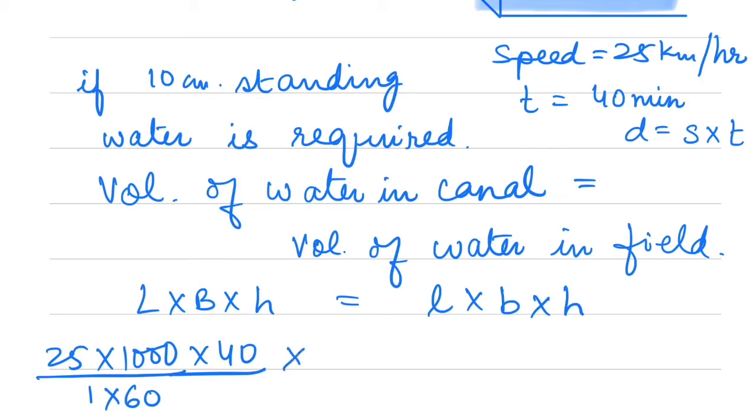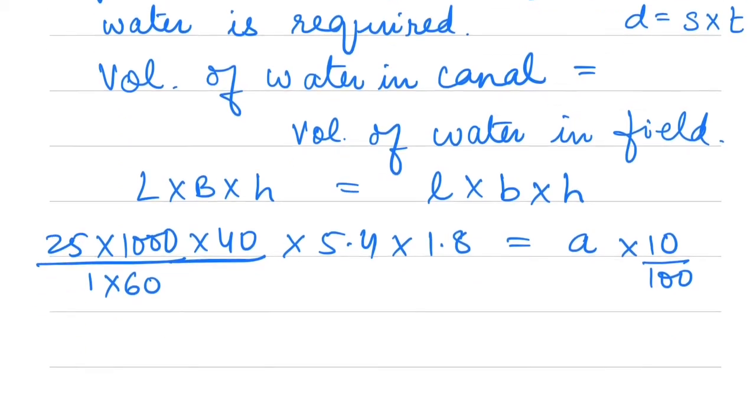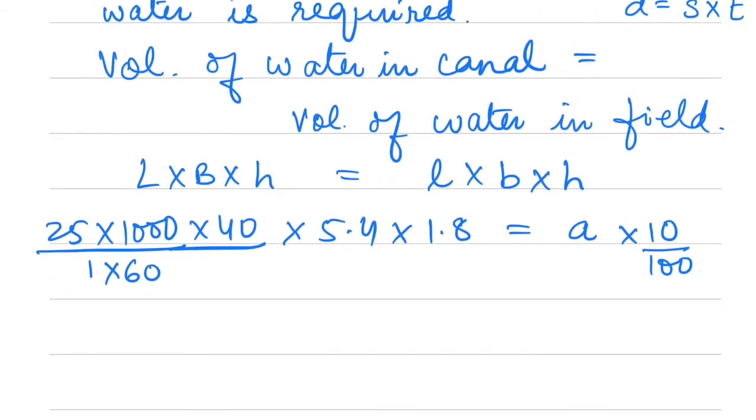Then breadth is 5.4 and height is 1.8. This is equal to the area that we have to find out, and 10 centimeter of water is required. This is in centimeters, so I'll divide by 100 to change into meters. So all my dimensions have been changed into meters now. Let's solve it.